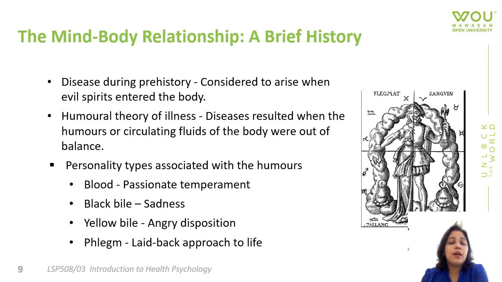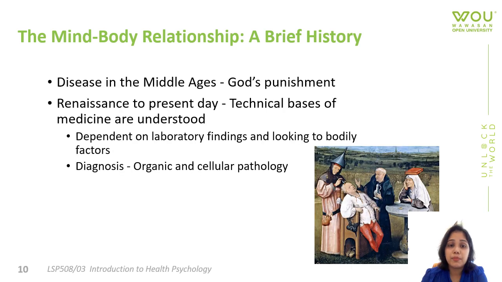Black bile, if there is an imbalance, can result in sadness, yellow bile can result in an angry disposition, and phlegm can result in perhaps a more laid-back approach to daily life activities, for example. So imbalances in these can result in some level of mental and physical health condition in individuals. So that's what the humoral theory explains.